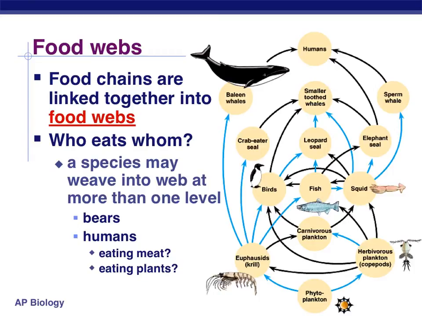And you have to realize with food webs that one organism or one species may play several different roles. They can be a primary consumer or a secondary consumer or a producer. If you look at examples of organisms that eat both meat and plants, they're going to be on multiple levels.